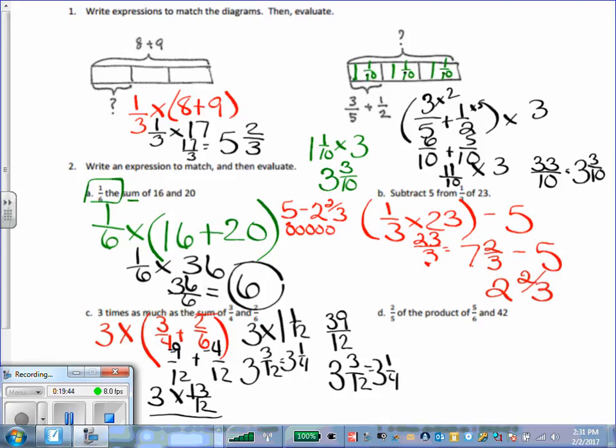I just did it 2 different ways, so I wasn't doing a whole bunch of work. I was just showing 2 different ways to get the solution.